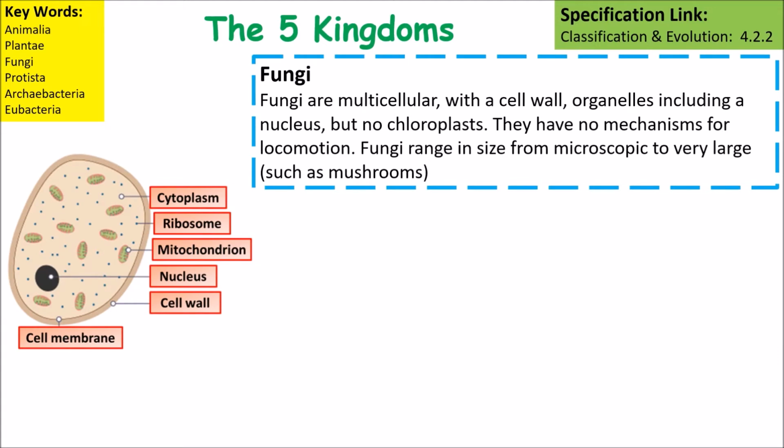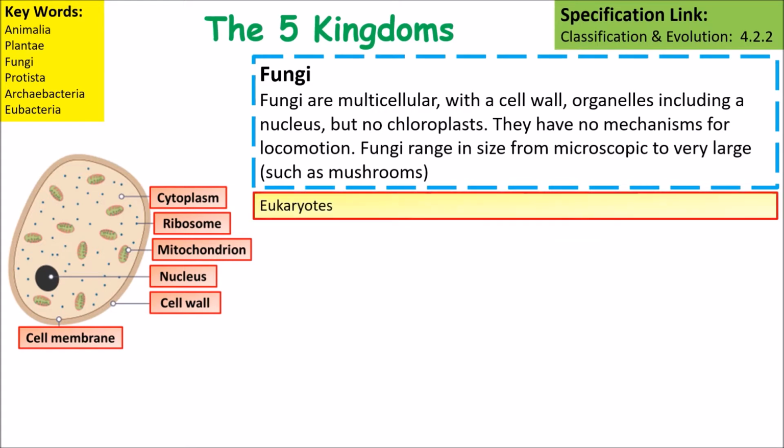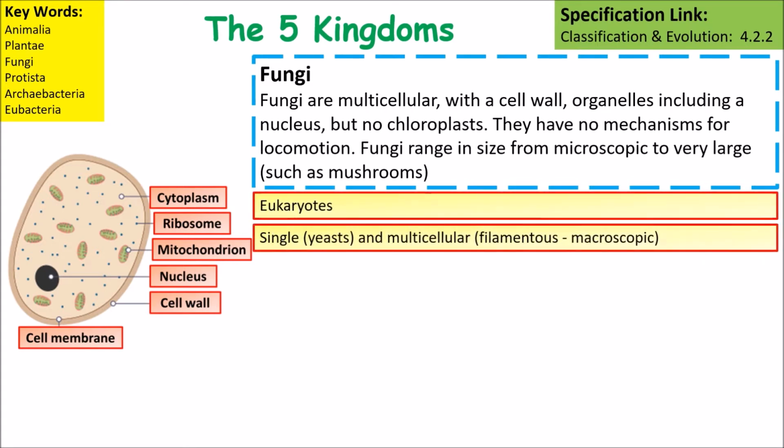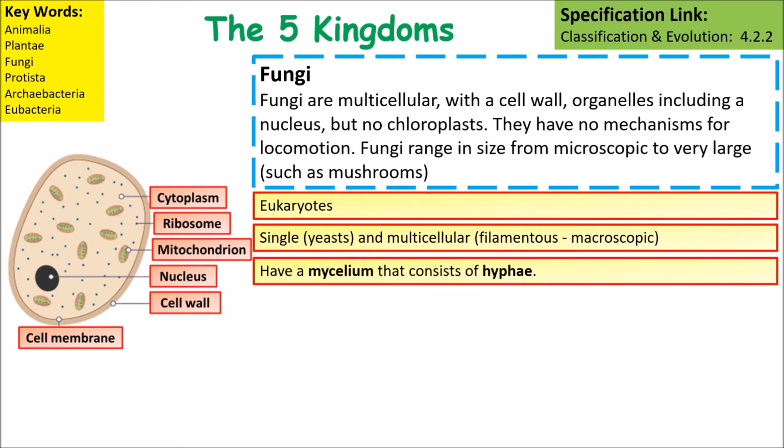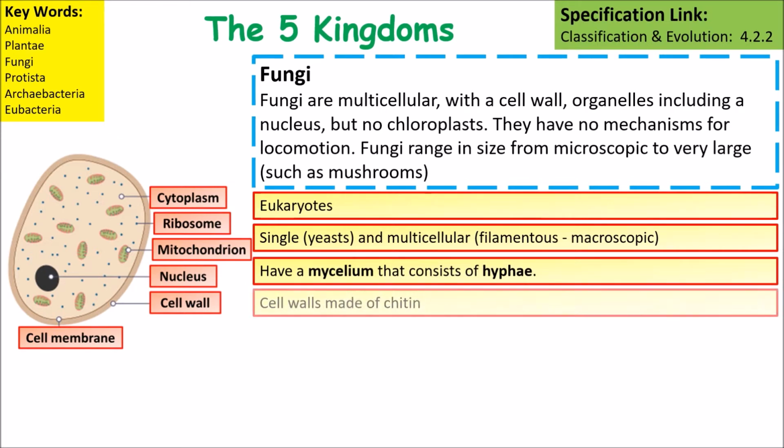Fungi have a cell wall and a nucleus but no chloroplasts. They're eukaryotes, so they have a nucleus. They can be single-celled, such as yeast, or multicellular. They have mycelium that consists of hyphae. They've got cell walls made of chitin.